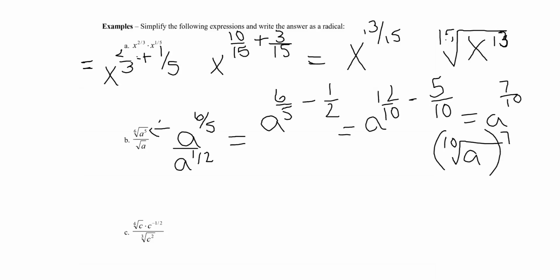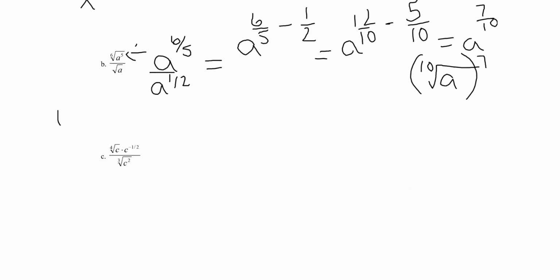Okay, now for C, it's our final one, and it's going to require a little bit more work. Okay, so to take a look at C. First, I'm going to convert it all to fraction form.